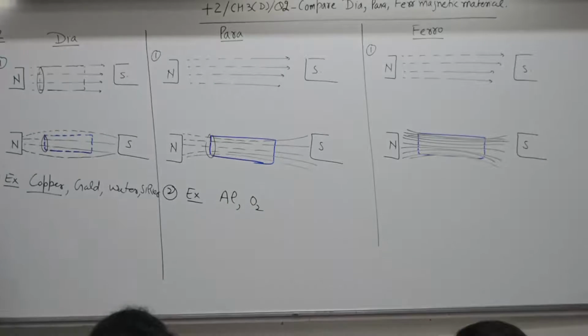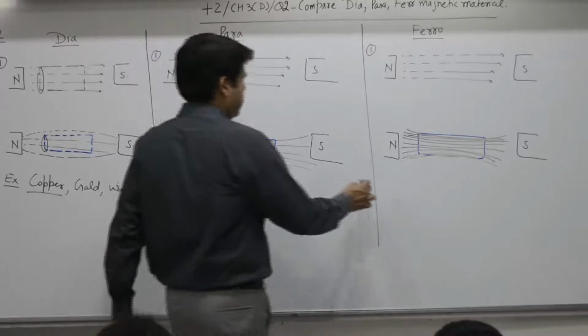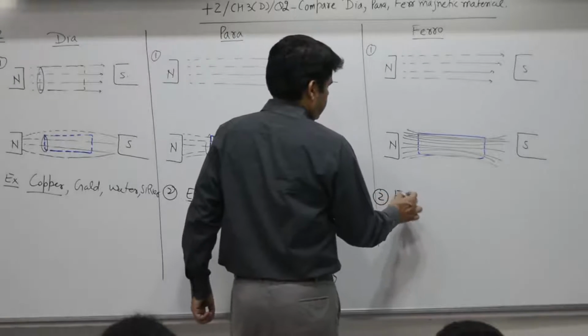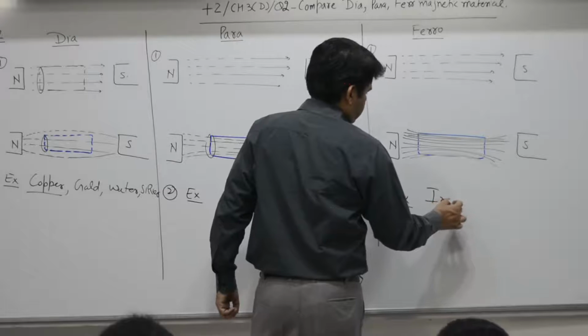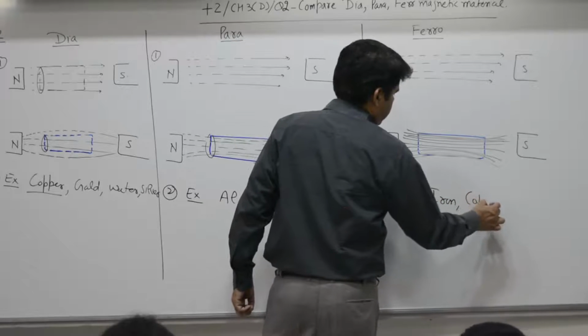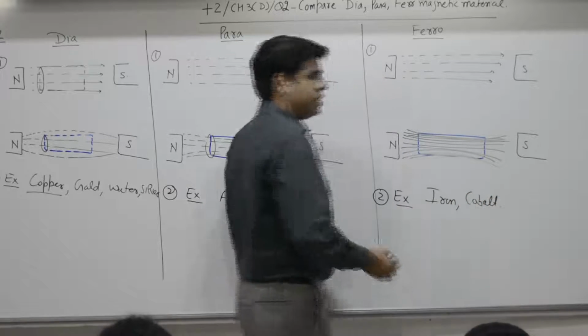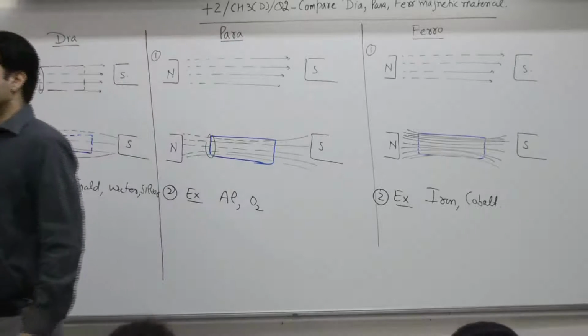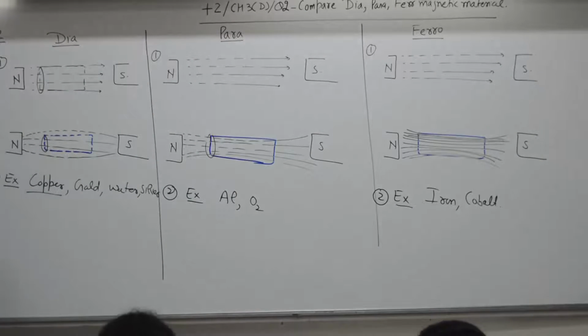The third material is ferromagnetic, like soft iron: iron, cobalt, nickel, etc. Iron is sufficient as an example. Time with you is 2 minutes to write these 2 points.